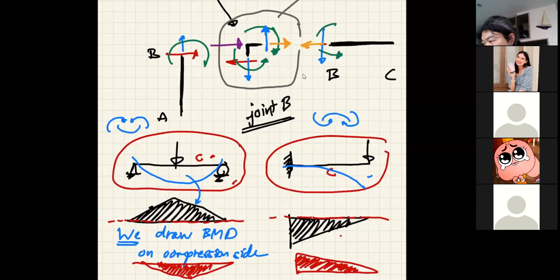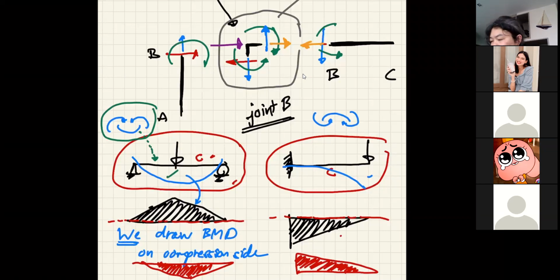This is your sign convention. Let's use a different color. This is your sign convention for positive moment, right? Smiling beam. So when you have a positive moment, your beam is going to deform like it is smiling. So it's exactly like your sign convention.